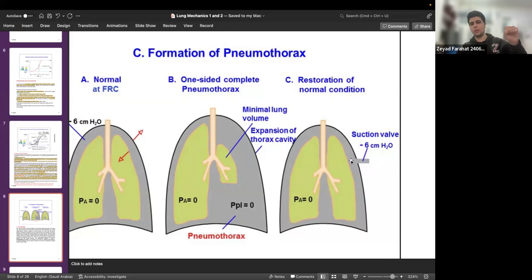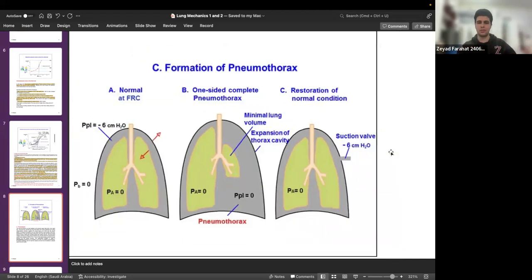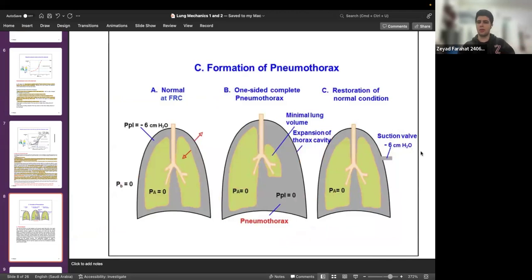You suck out the extra air that rushed in from the atmosphere, and you're back at about -6 centimeters H2O, the normal negative pressure of the pleura, and your lungs are back to normal. You should also seal the opening so the air doesn't go back in, obviously.